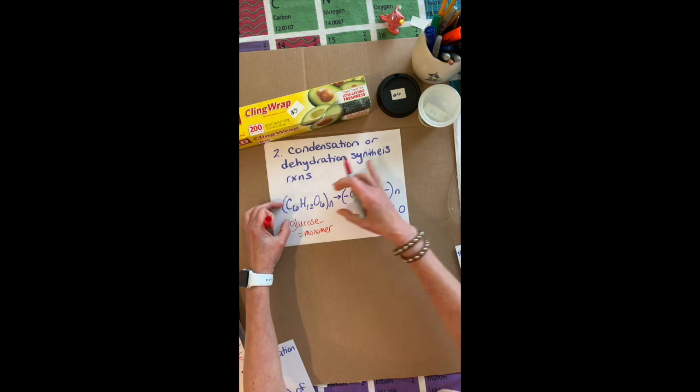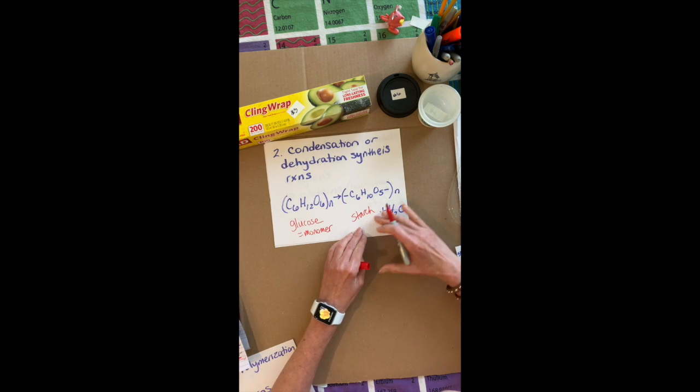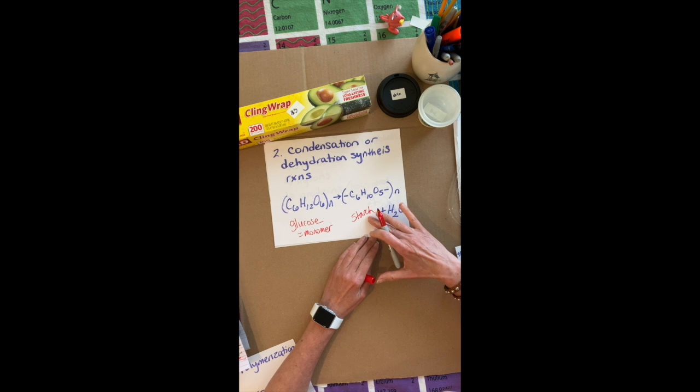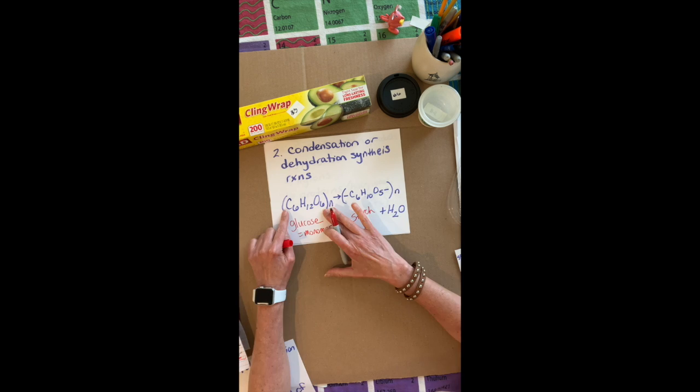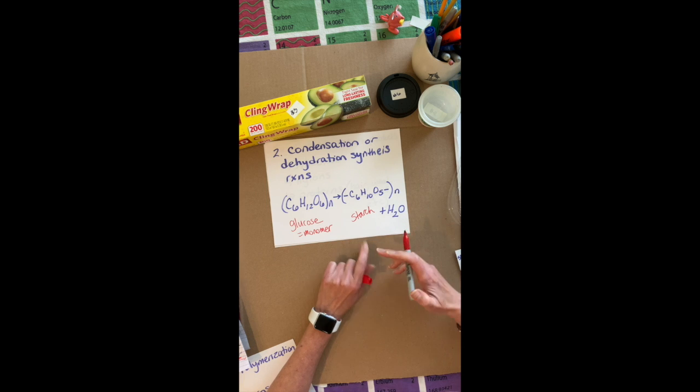When these glucose molecules, monomers, make the polymer starch, they link up, however many, hundreds, thousands of them, to make the starch. Every time there's a link made between two molecules here, one molecule of water is removed.